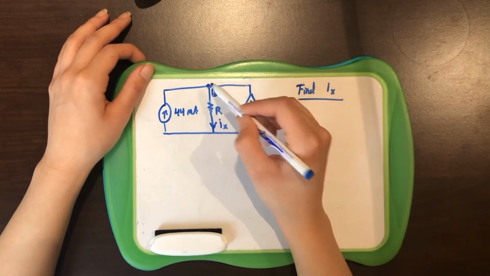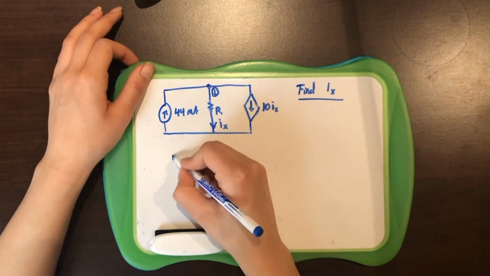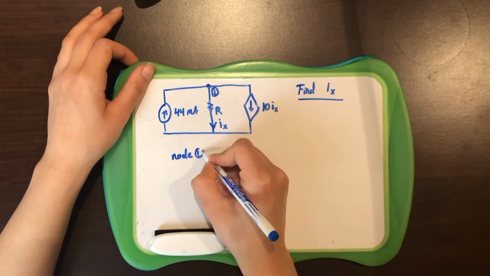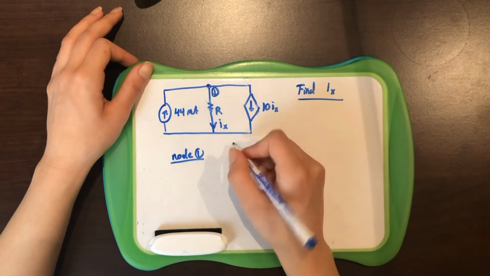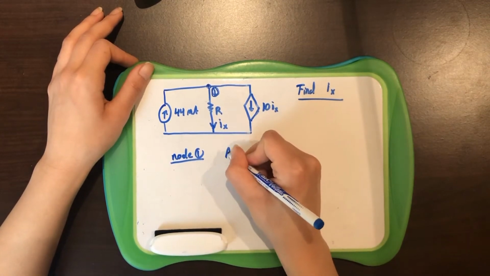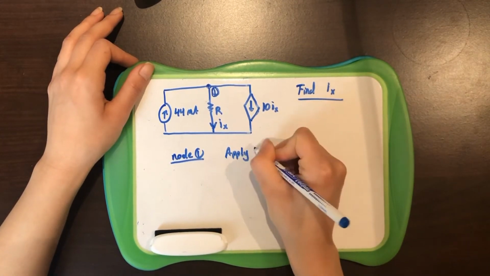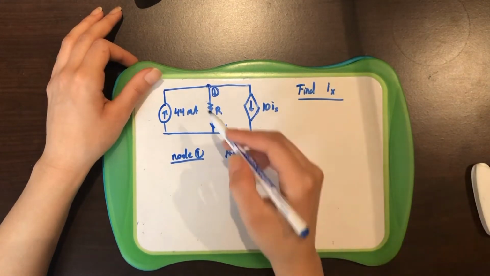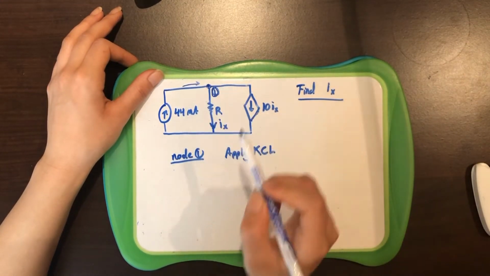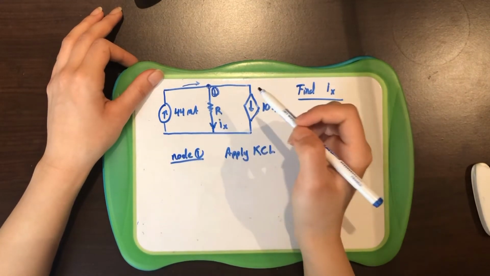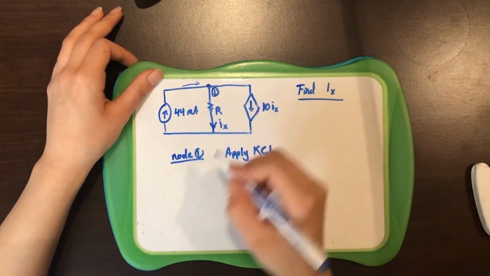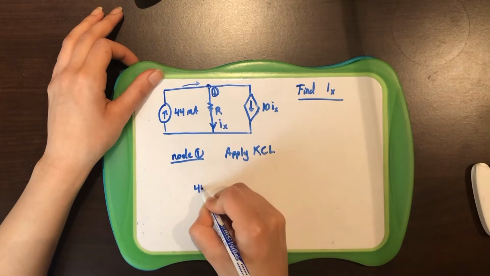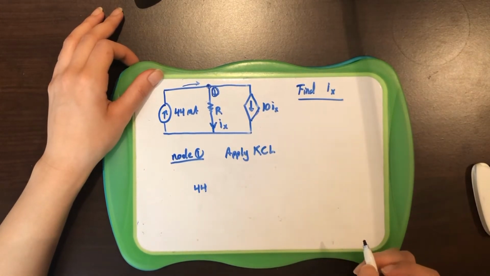We already called this node 1. So at node 1, we just apply KCL. So we have a current entering the node. So anything entering the node, we will give it a positive value. So we have positive 44 milliamps.